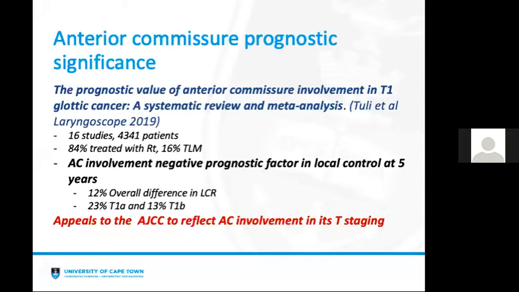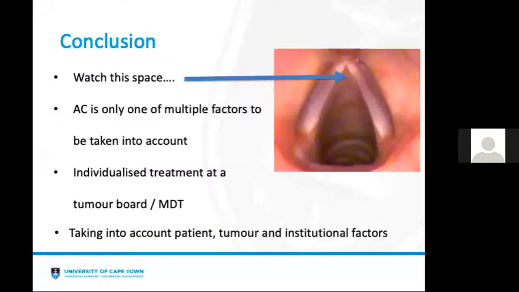On this basis, the authors of the study suggest that the AJCC should reflect the anterior commissure better regarding its negative prognostic impact in its T staging. This sentiment is reiterated in other similar studies. So in conclusion, watch the space, as it still remains a point of considerable controversy and may be taken into account in future staging systems.